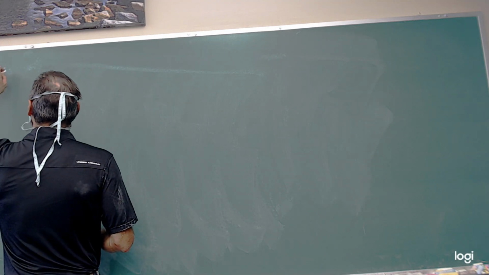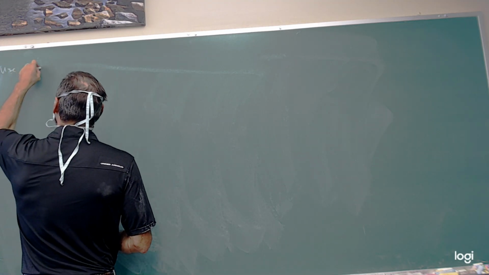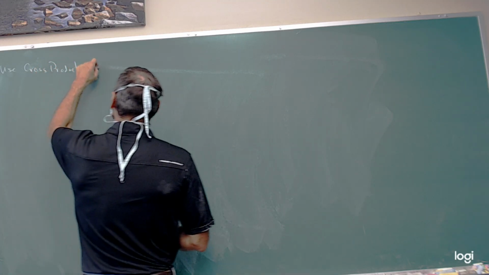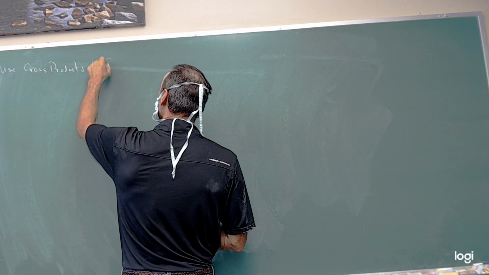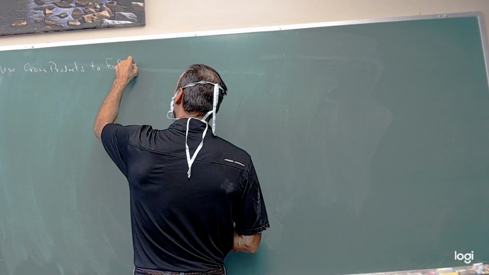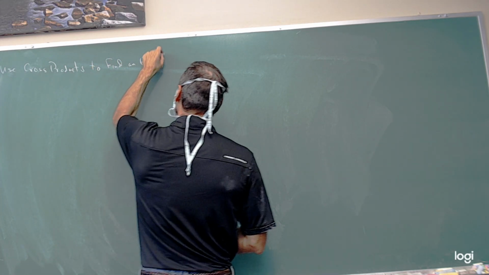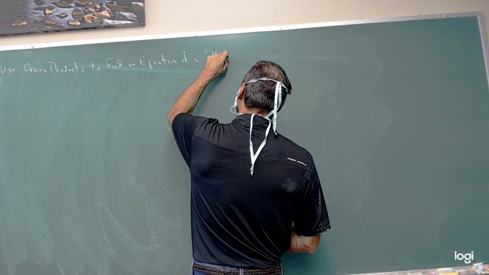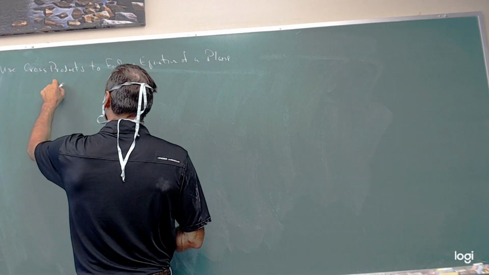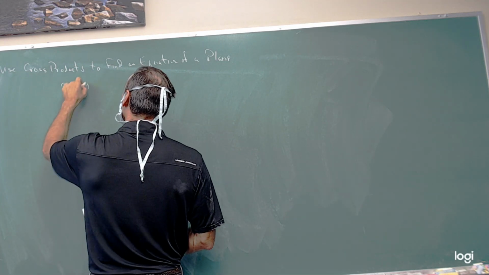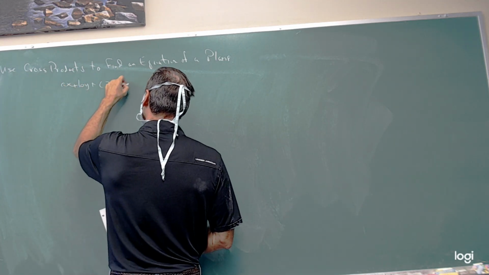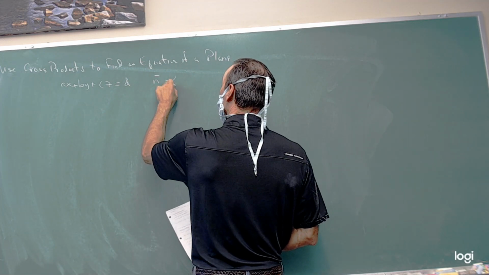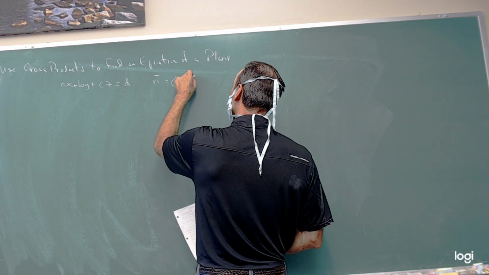So use cross products and find an equation of a plane. Remember, we're looking for this ax plus by plus cz equals d, and this normal vector is going to be that a, b, c.